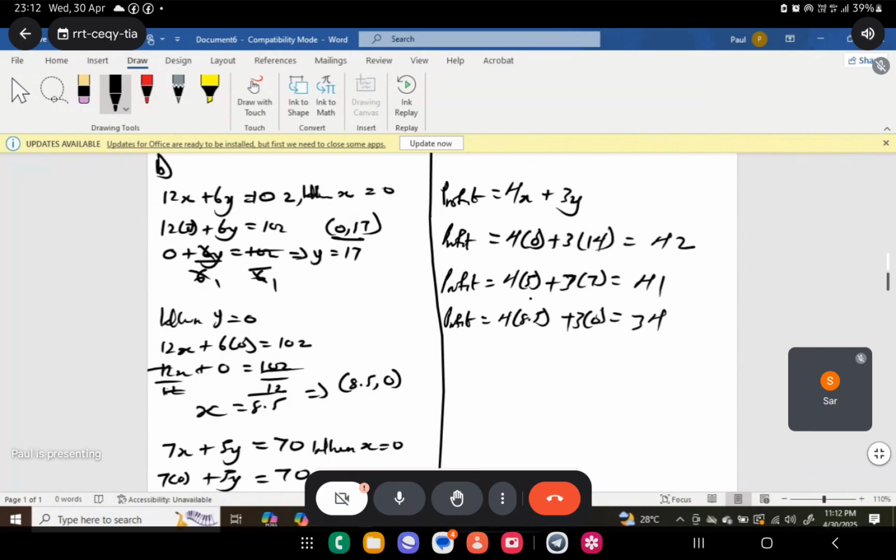So therefore, to get the least profits, it means that they have to produce 8.5 of the steak, and none of the fish.